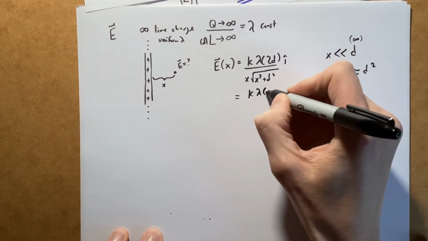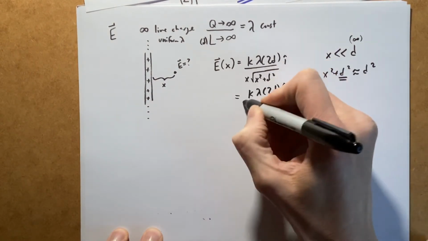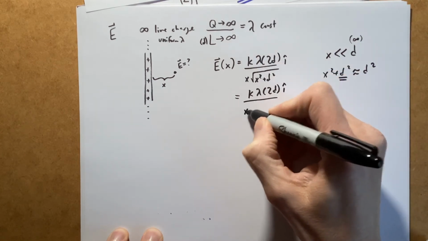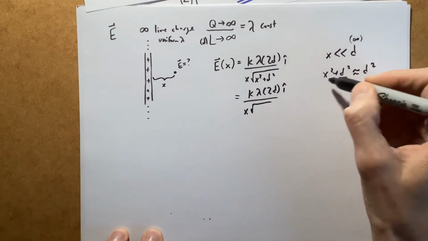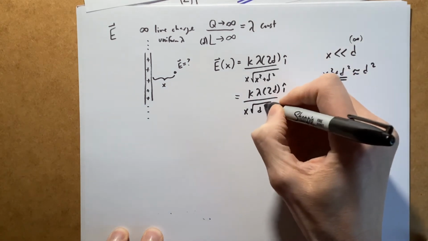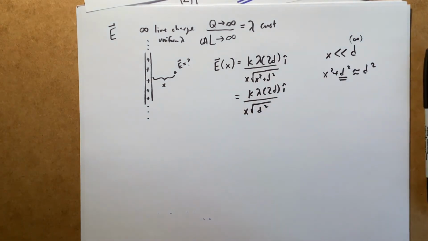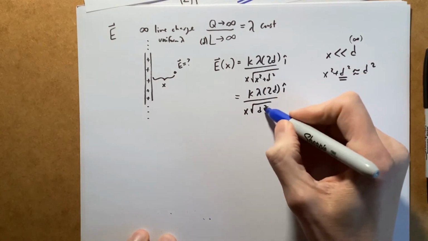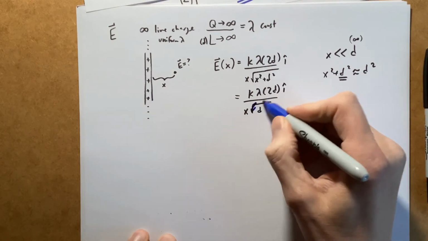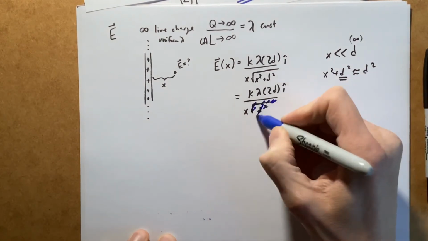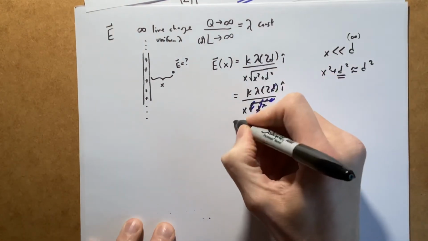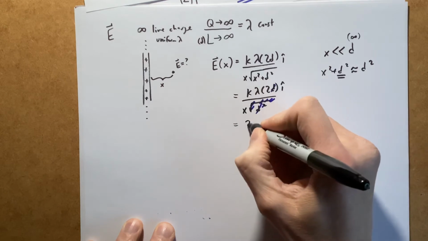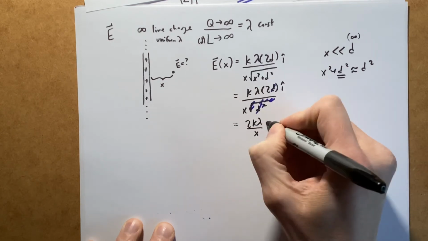K lambda 2d i hat over x, and then in the radical, I'm going to replace x squared plus d squared with just d squared. Notice square root of d squared is just d, and that cancels with this d. And so, surprisingly, pulling the 2 to the front, we get 2k lambda over x i hat.